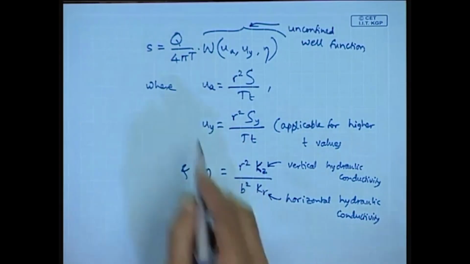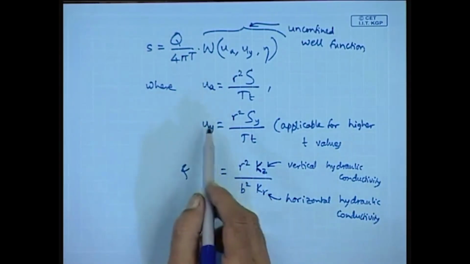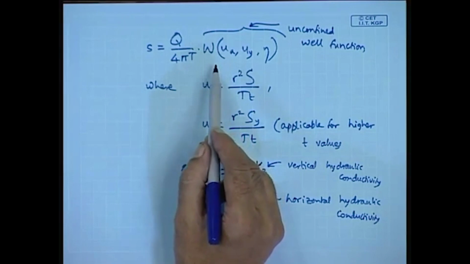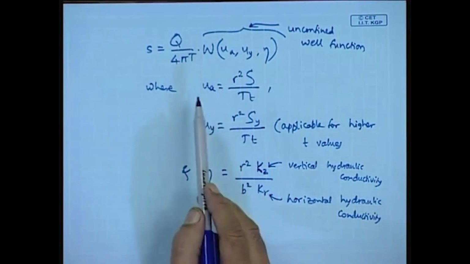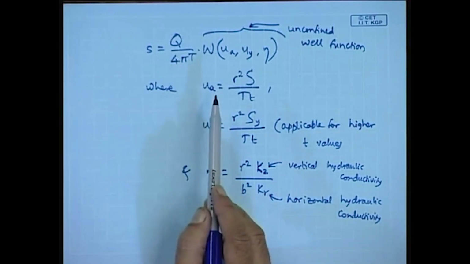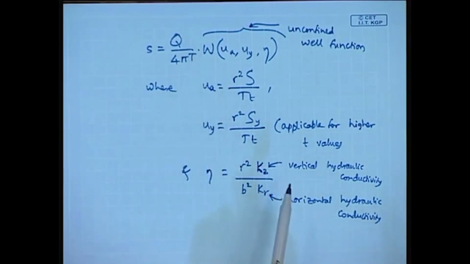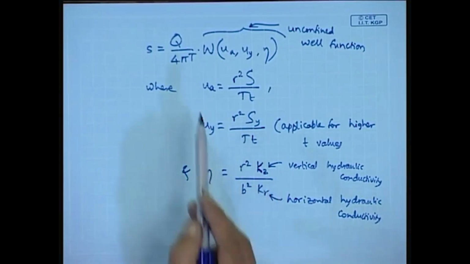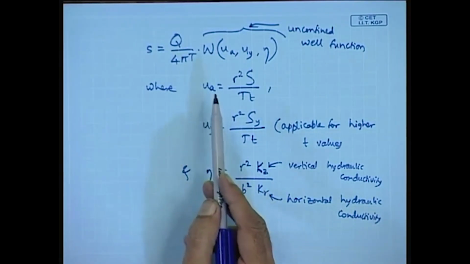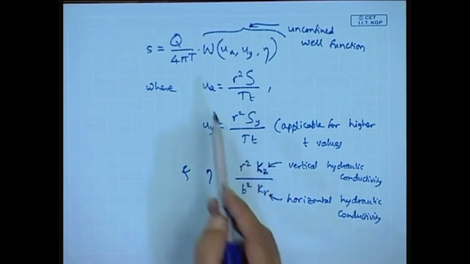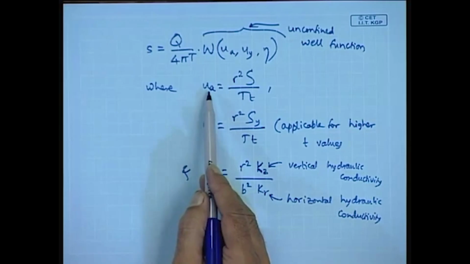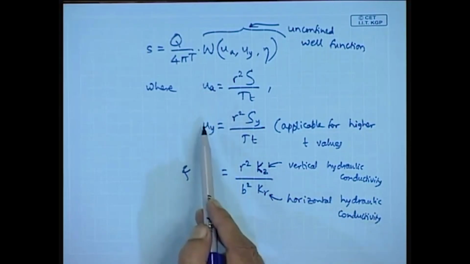So, using these 3 parameters, the unconfined well function is more complicated compared to the well function in the case of a confined aquifer, wherein there is only one parameter, that is u equal to r squared S by 4Tt, whereas in this case it is a function of 3 parameters, that is uA, uY as well as eta.